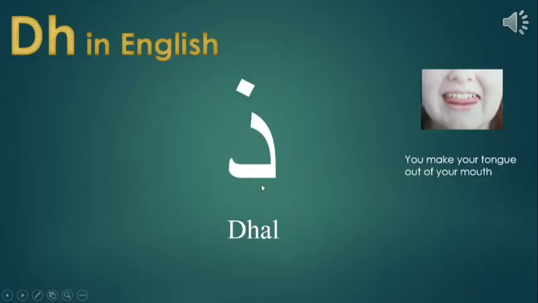The next letter is dhal, and in this letter we will learn how to pronounce it. We make our tongue out of our mouth and say like the picture: dhal, dhal, dhal.